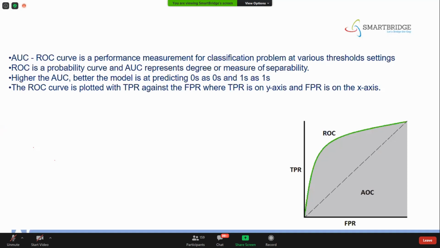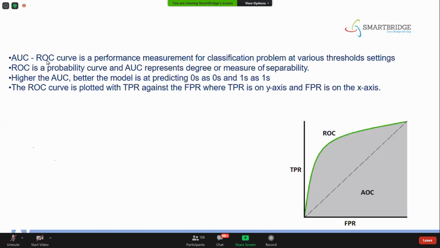Not just accuracy is needed, you should also consider AUC and the ROC curve. The ROC curve is plotted at various threshold settings. I'll tell you what these various threshold settings are within a few minutes.